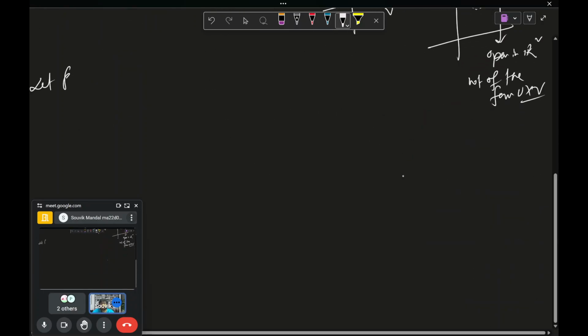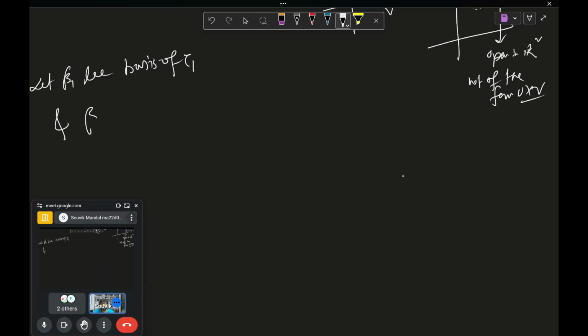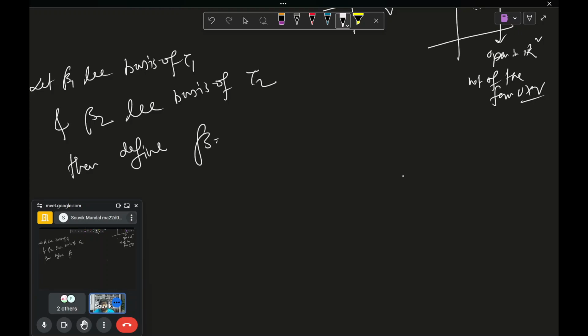Let beta 1 be a basis of tau 1 and beta 2 be a basis of tau 2. Then define beta as U cross V, where U belongs to beta 1 and V belongs to beta 2.